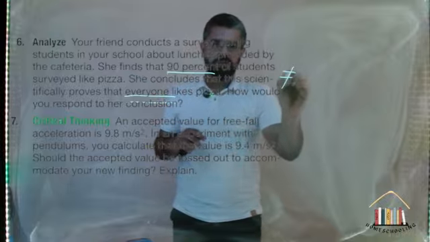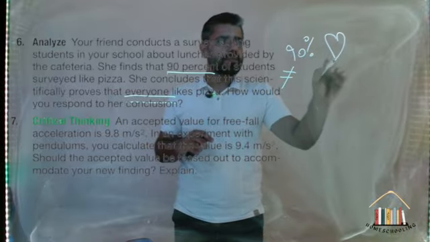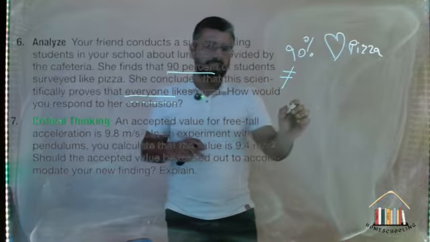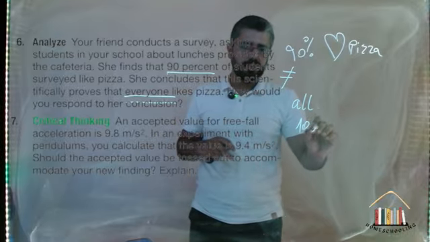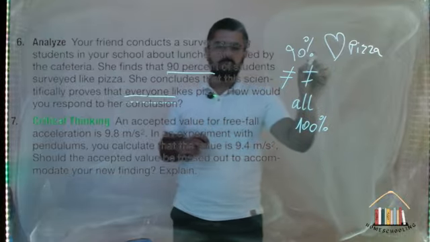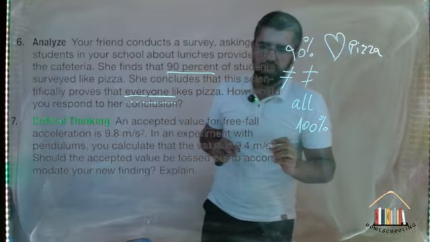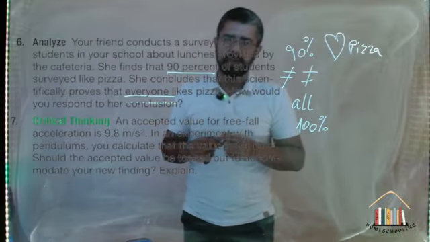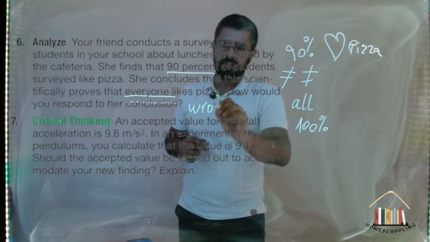She finds that 90% like pizza, but she is stating that all of them, all 100%, like pizza. So there is a contradiction between what she found and what she is claiming. How would you respond to her conclusion? I will tell her that I'm sorry but her conclusion is wrong.